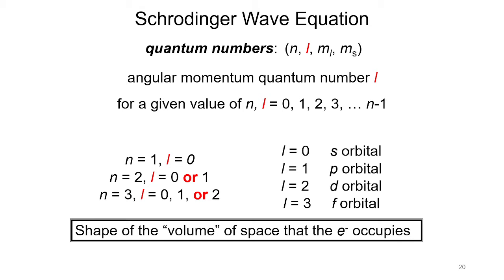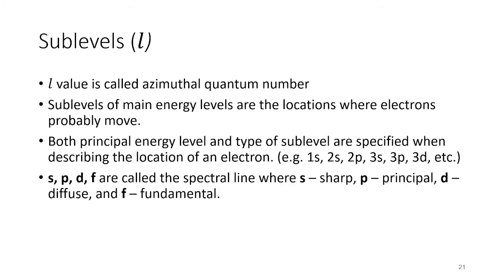For the sublevels L, or the azimuthal quantum number, sublevels of the main energy level are the locations where electrons probably move. Both the principal energy level and the type of sublevel are specified, describing the location of the electron.